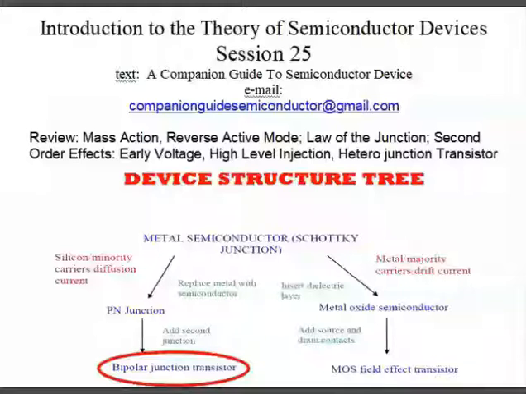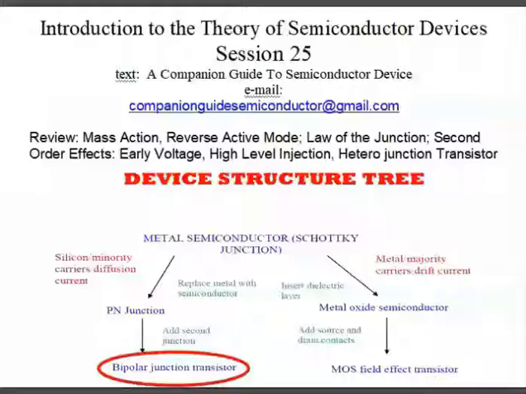And the things we're going to be looking at there are the early voltage, high level injection, and more importantly, and we'll wind this up either this or probably next session, in the heterojunction bipolar transistor. And then after all that, and we'll look at a few word problems, we'll be able to flip over to the metal oxide semiconductor and the MOS field effect transistor on the right side of the device structure tree.